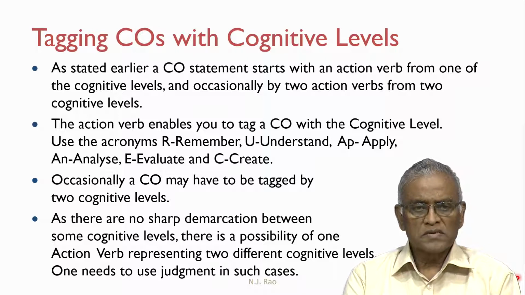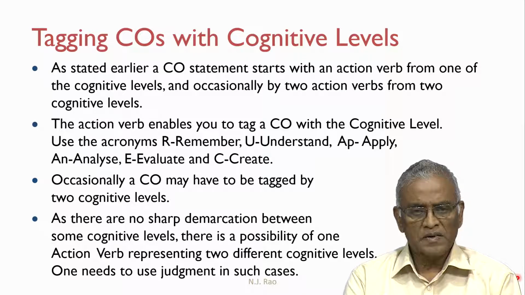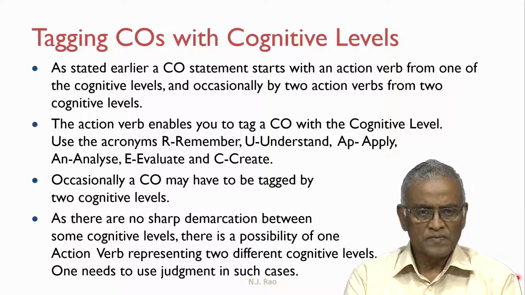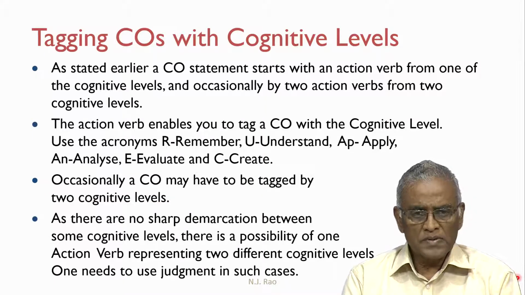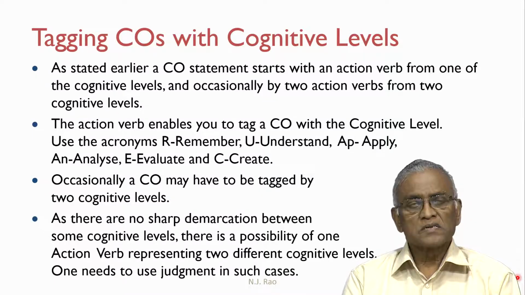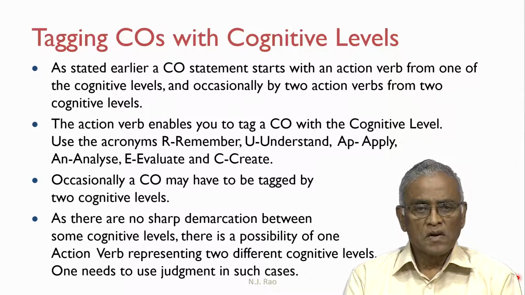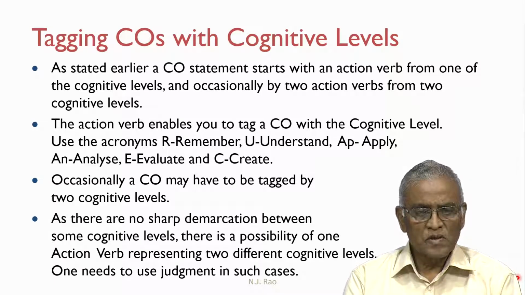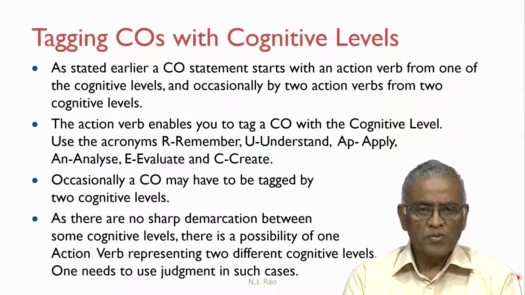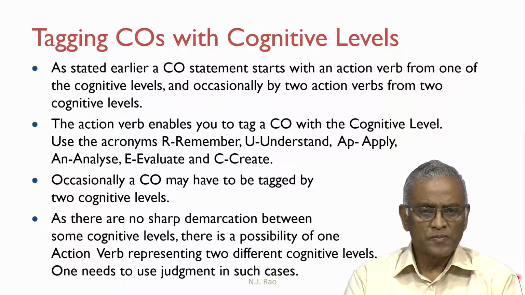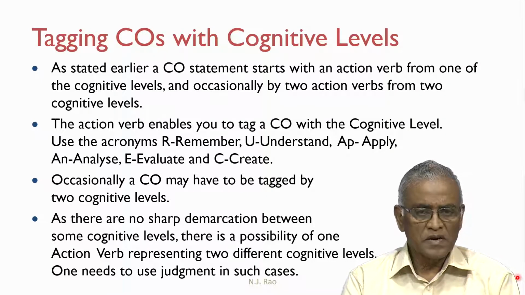As we said, occasionally a CO may have to be tagged by two cognitive levels. And what happens is there is no sharp demarcation between cognitive levels. There is always a possibility of one action verb representing two different cognitive levels.